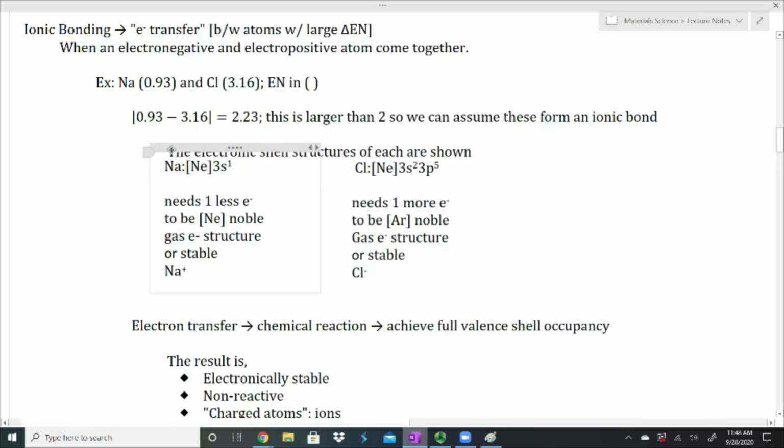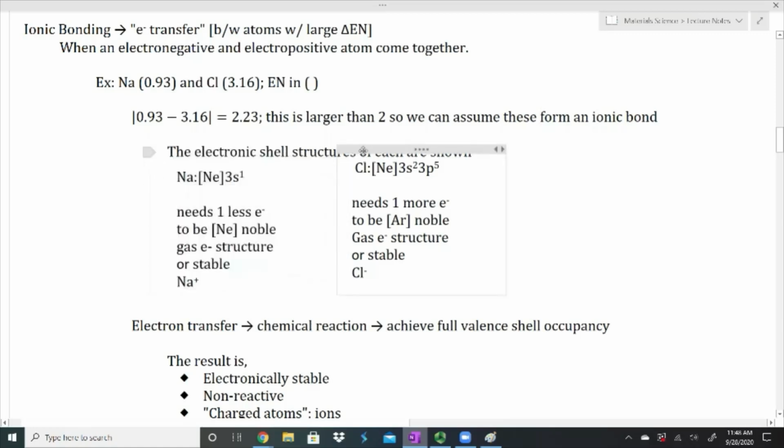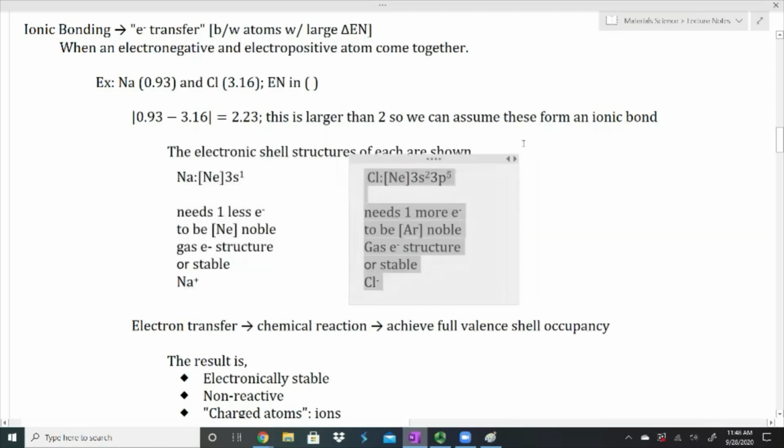And so I have sodium here. Let me move this slightly. We have sodium, and the electron structure of sodium is the exact same thing as neon plus one more electron.